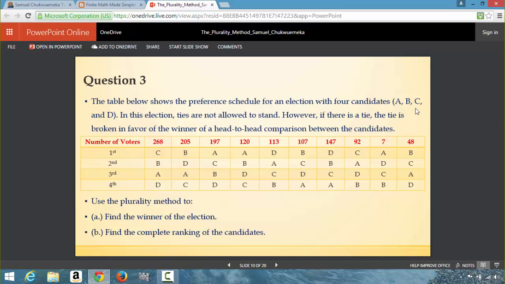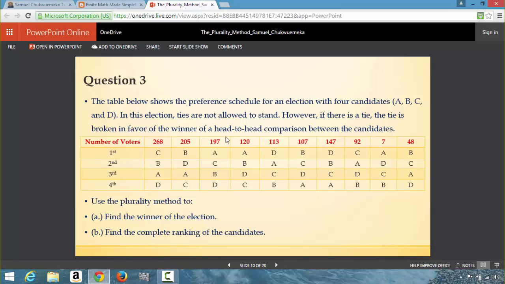So with A, B, C, D, we do A versus B, A versus C, A versus D, then B versus C, B versus D, then C versus D. But that is not what we are supposed to do now, because we will treat this topic extensively when we do the part 5 video, method of pairwise comparison or head-to-head comparison.